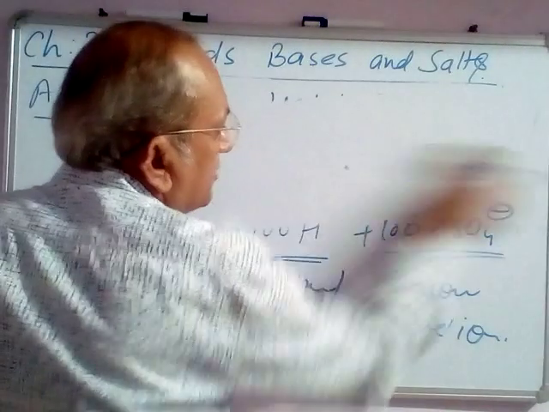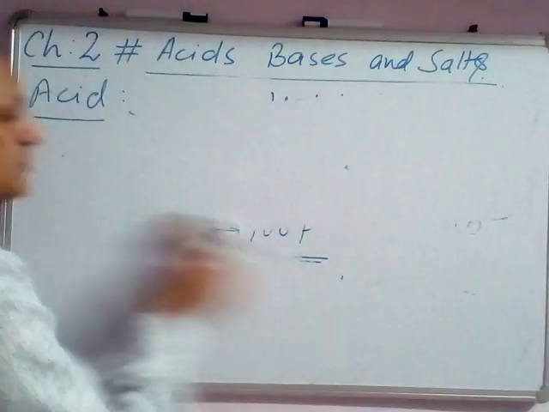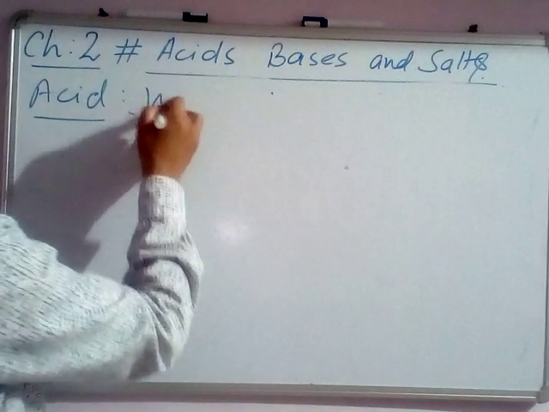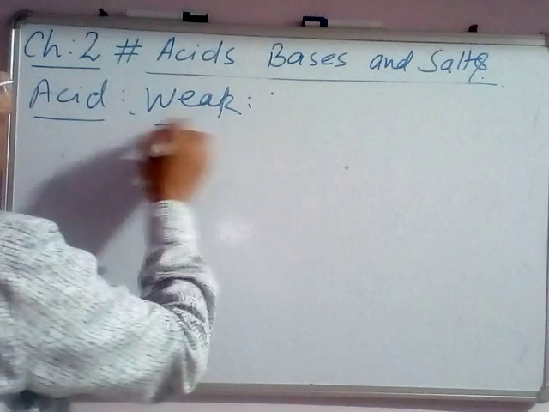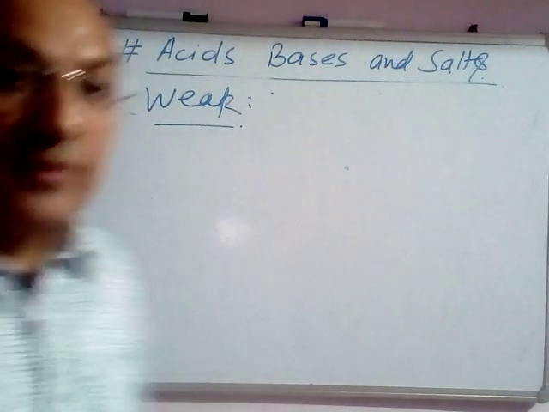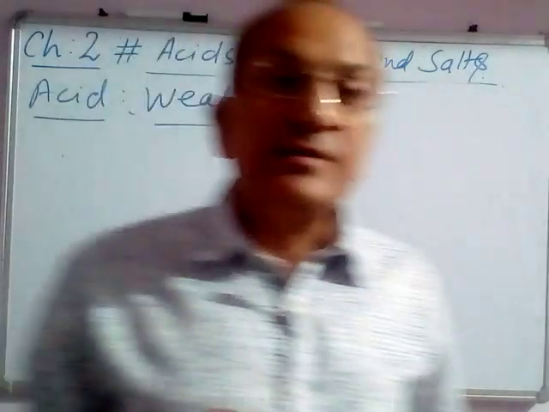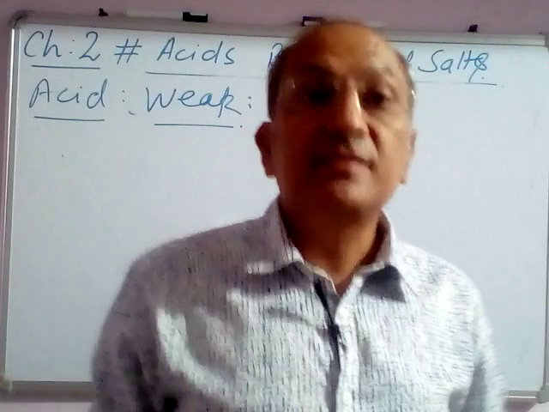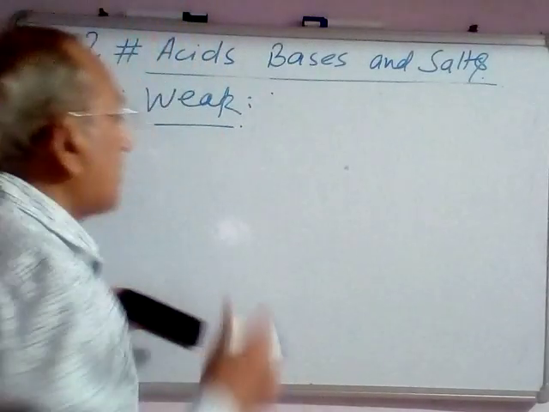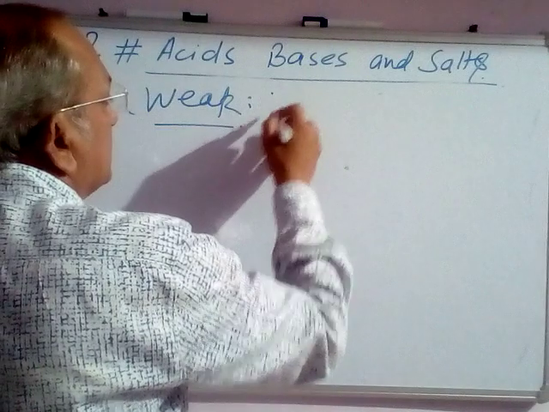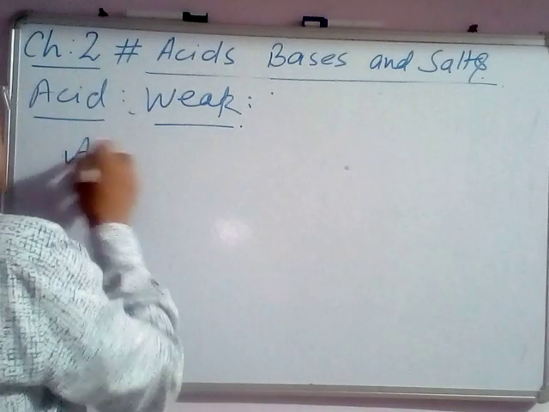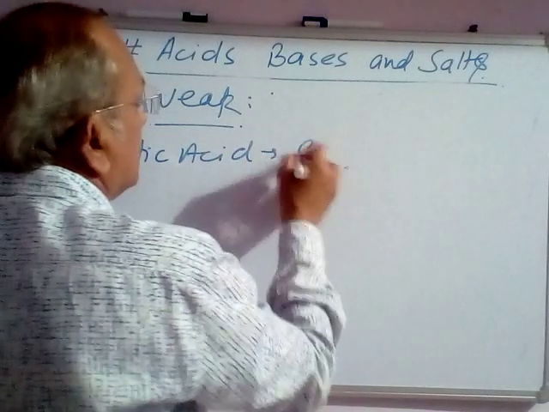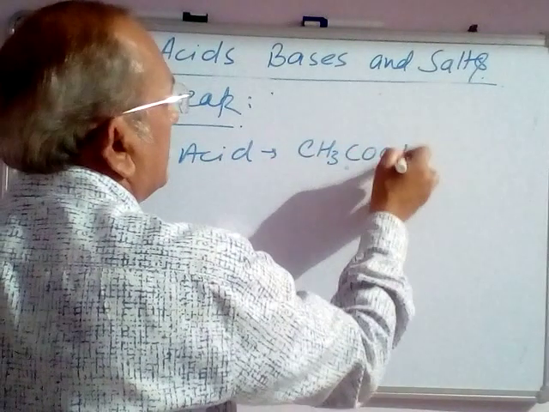Now we are going to understand the weak acid. So what is weak acid? First of all, try to understand that weak acids are natural acids, or we can say all natural acids are weak in nature. Acetic acid, we are going to write CH3COOH.